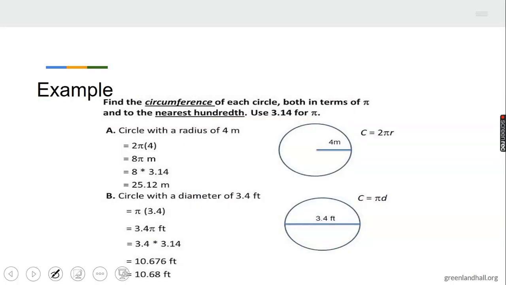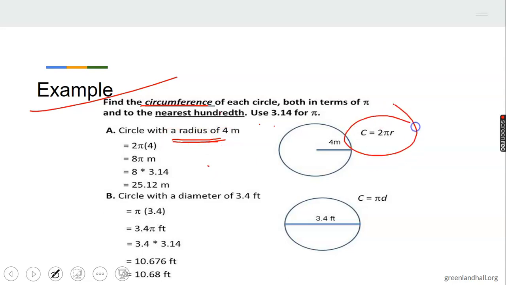Now, look at this example. Find the circumference of each circle, both in terms of pi and to the nearest hundredth. Use 3.14 for pi. The first one is this. We are working with radius. This is the first circle.